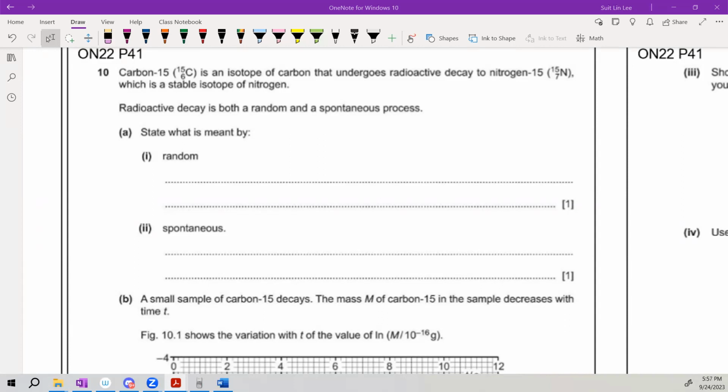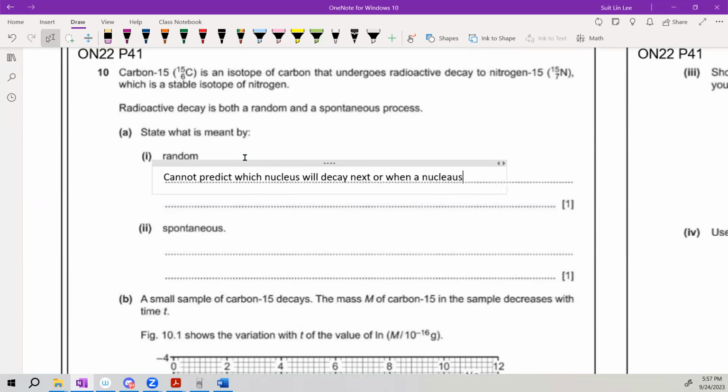All right, so here it says, state what is meant by random. Random means you cannot predict which nucleus will decay next, or when a nucleus will decay next.